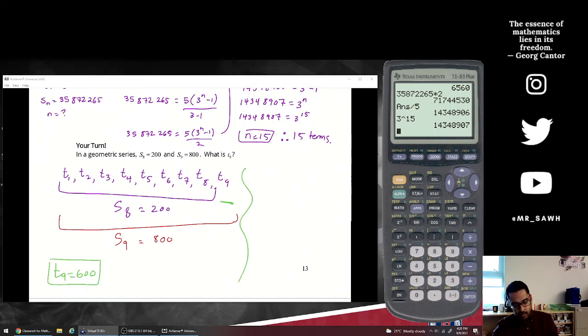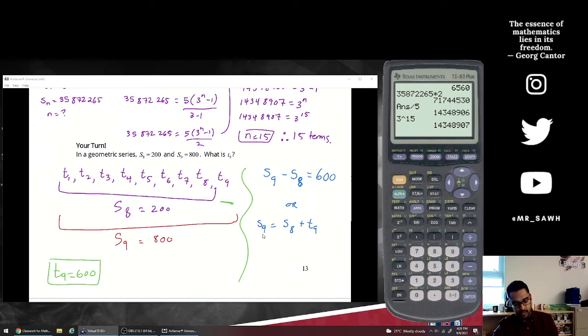If you want to be a little bit more formal about it, the sum of the first 9 terms subtracted by the sum of the first 8 terms will leave you with 600. Think about it that way too. Or the sum of the first 9 is going to be equal to the sum of 8 plus that extra term that is the 9th term.